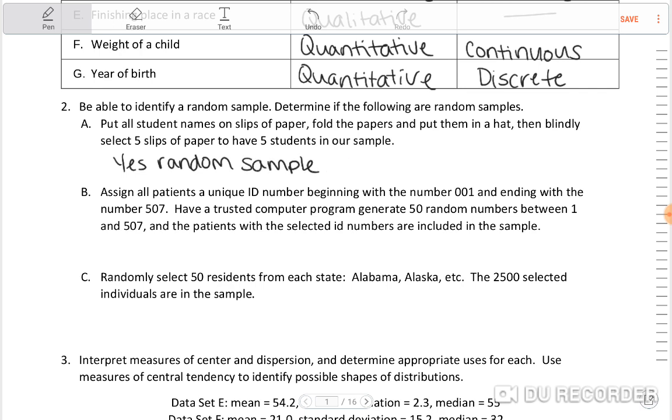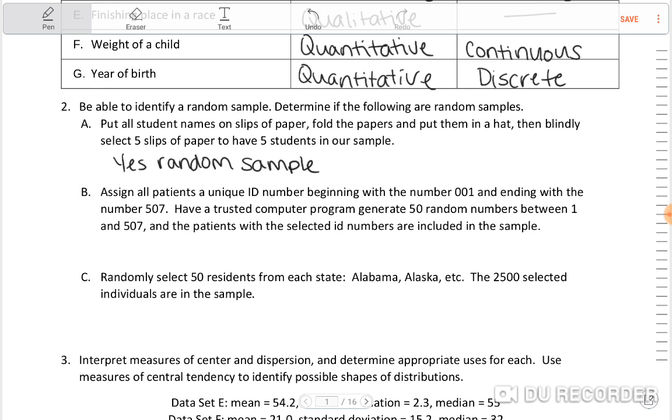Okay, assign all patients a unique ID number beginning with the number 001 and ending with the number 507. Have a trusted computer program generate 50 random numbers between 1 and 507. And the patients with the selected ID numbers are included in the sample.